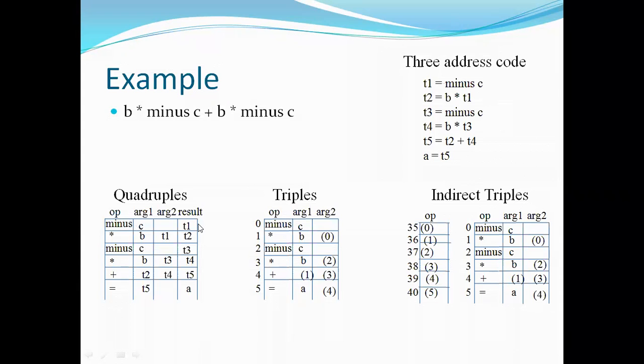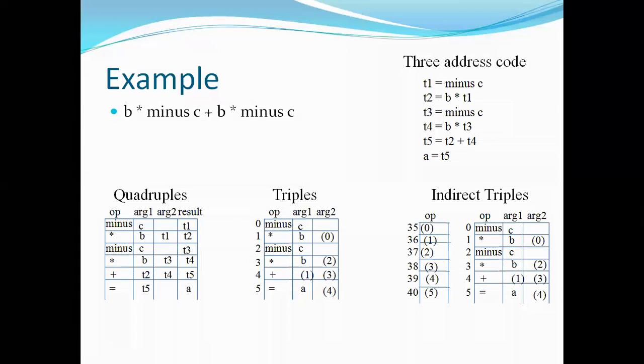That means T1 is at serial number 0. For serial number 0, the result is stored in T1, so that 0 is acting as a reference here. By avoiding these temporary variables, we are using references.